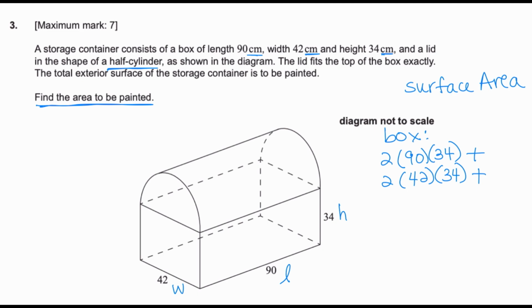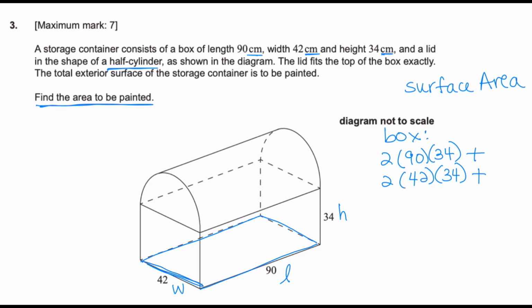Now, typically every box is going to have a top and a bottom. So in this case, I can actually show you what that would look like. Here would be the top. This one down here is the bottom one. But this is a combination shape. Therefore, we don't need the top of this box. We really only care about the bottom because the bottom is going to be painted.